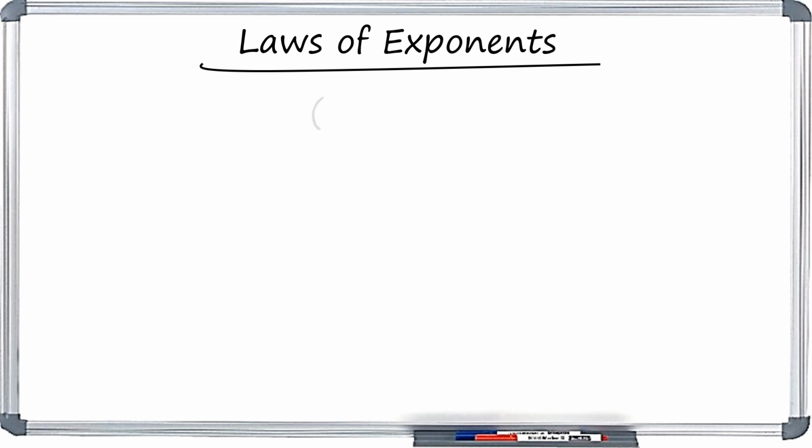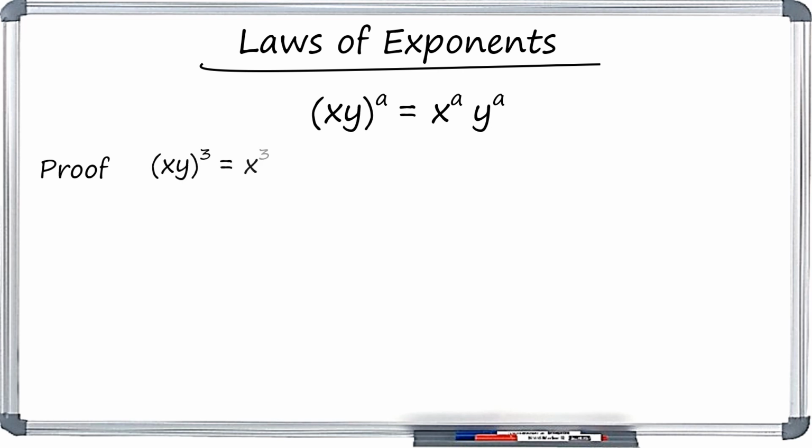Next one, if we have a product raised to an exponent, that is just equal to raising each term to the given exponent. So let's say, for example, to make it clear, we have x times y raised to a. It's just equal to x raised to a times y raised to a. Proof, let's say, for example, we have x times y raised to 3. That is just equal to x cubed times y cubed.